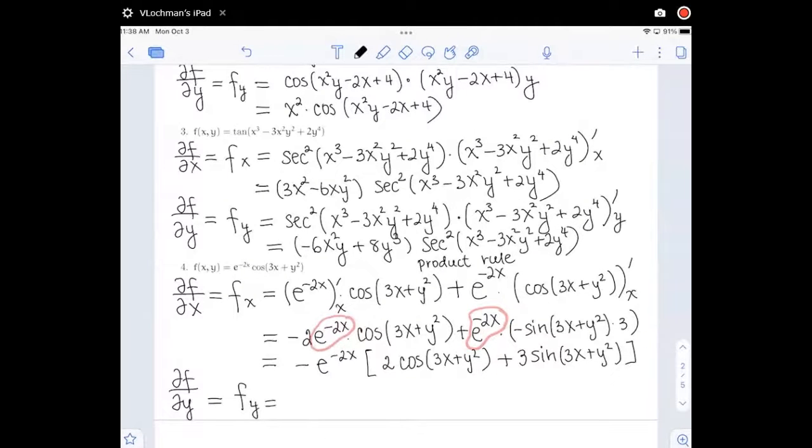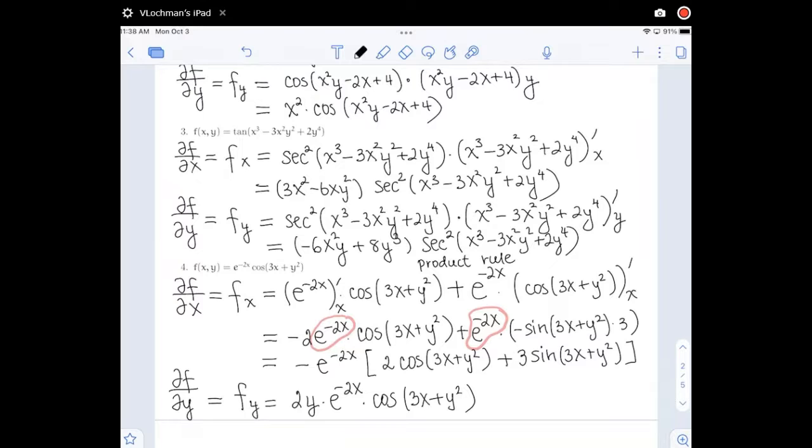Okay, let's see. Carla says it's 2y times e to the negative 2x times cosine of 3x plus y squared.